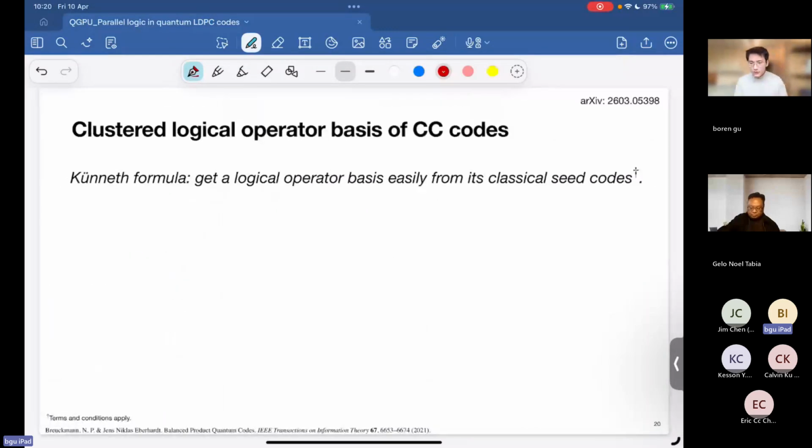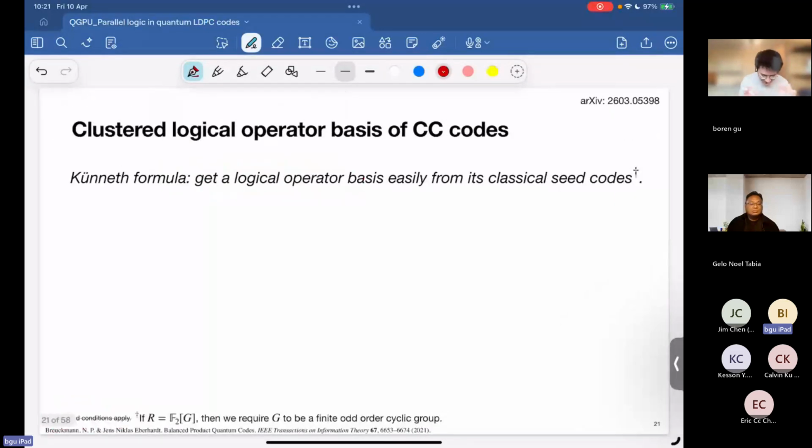And the way that we do this is with those constraints, and how we calculate those logical operators is the so-called Künneth formula, and it is just a simple way to get the logical operator basis from its classical seed codes for the product codes. This is a general result for chain complexes if you get a product chain complex. And as you see, terms and conditions apply.